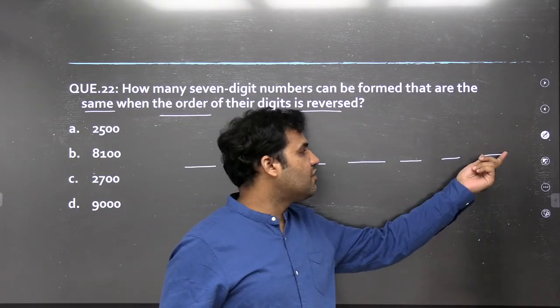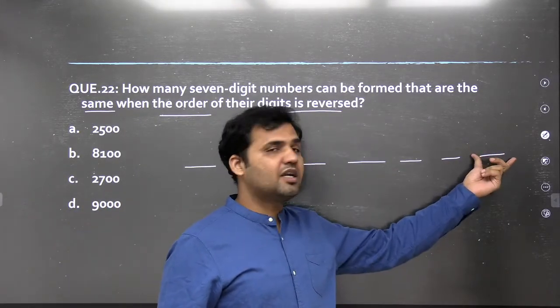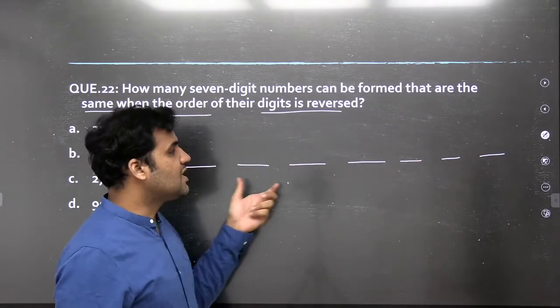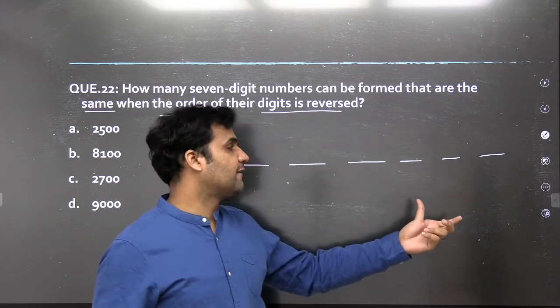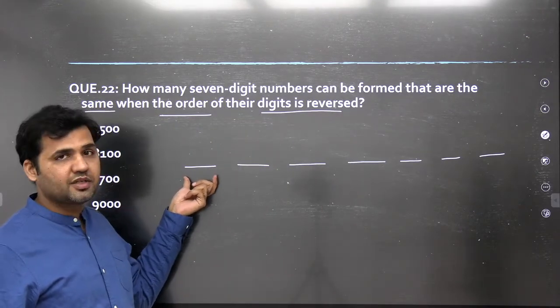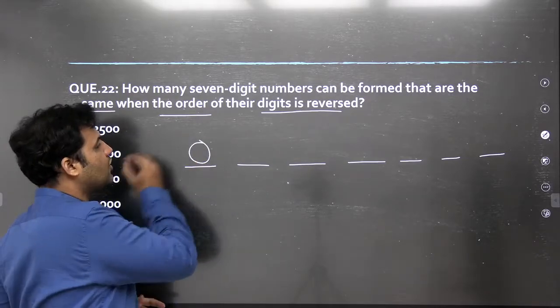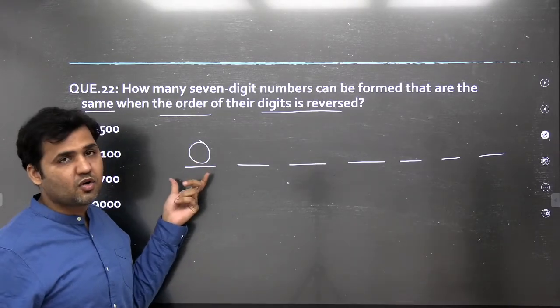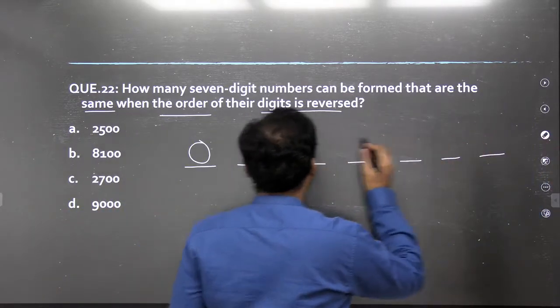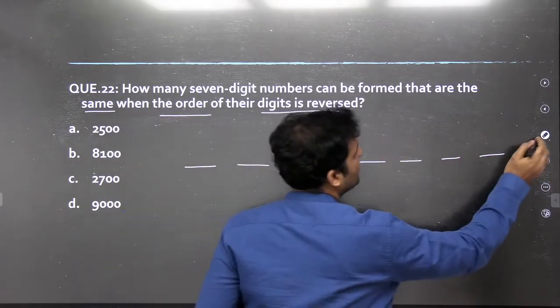Tell me in how many ways you can fill the unit digit. Now make sure that the 7-digit number that you are making should not have 0 at the first place, because if you are placing 0 at the first place, then that number will not be a 7-digit number. So therefore tell me guys, in how many ways you will be able to fill the unit digit?